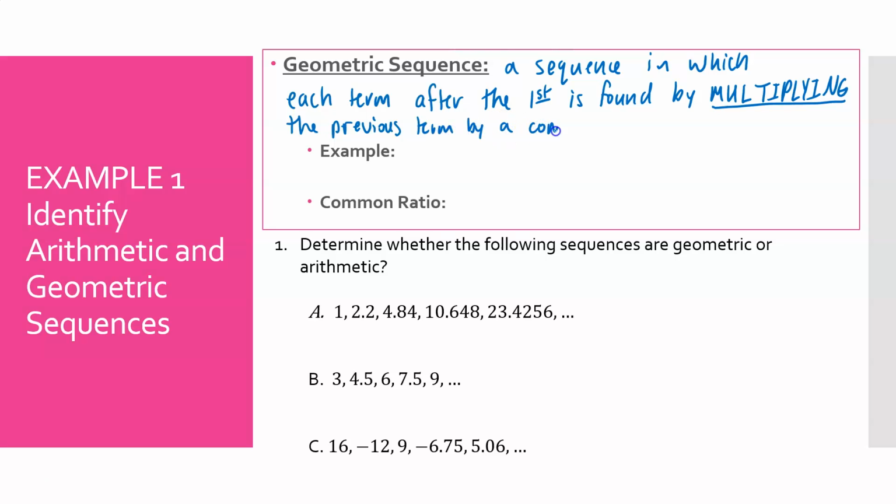We use the term common ratio when we're talking about multiplying. It was common difference when we're adding and subtracting, and common ratio when we're multiplying.